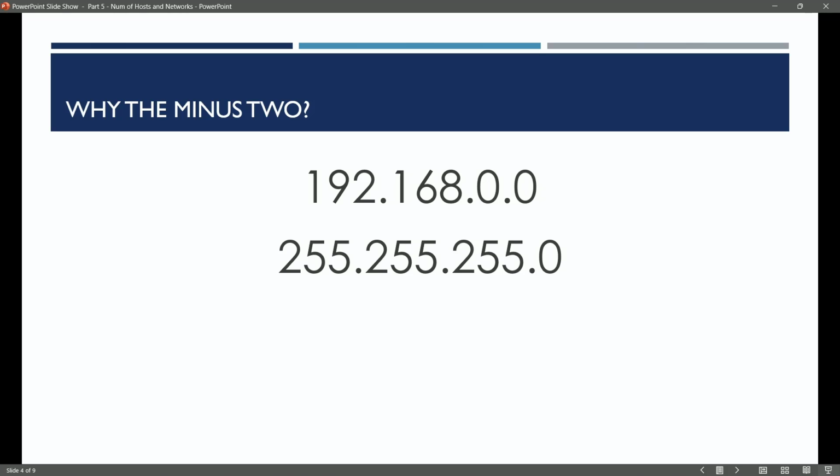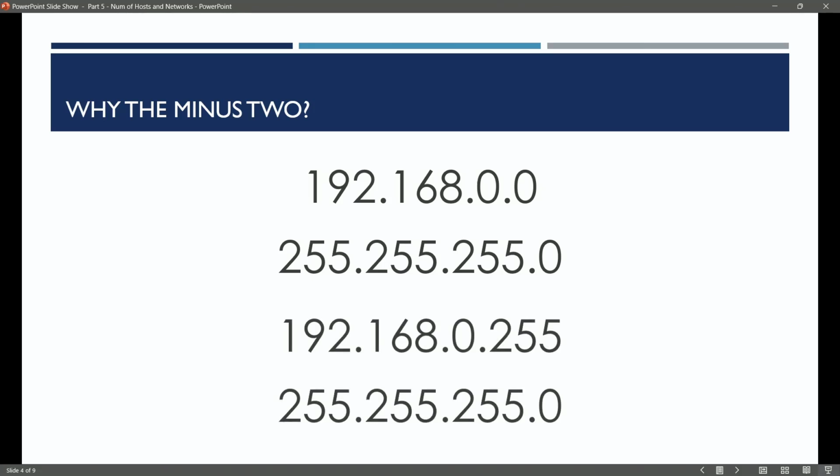Here's an example, 192.168.0.0 with a 255.255.255.0 mask. That is all zeros in the host bits, and that is identifying the network itself. So we have a minus 1 because we can't have all zeros, and we can't have all ones either. So that's the other minus value for our minus 2.